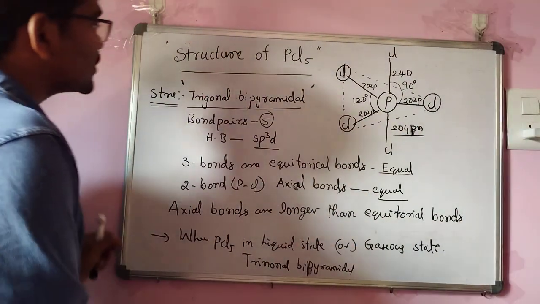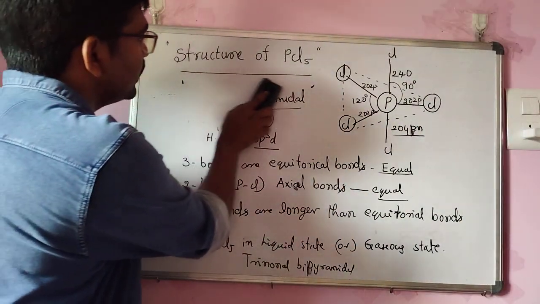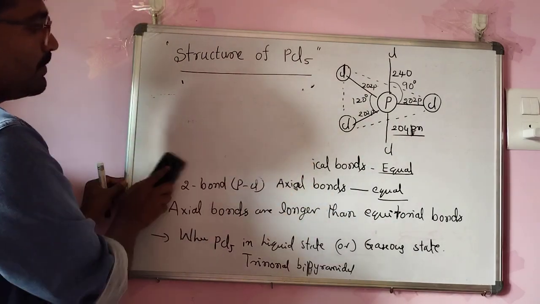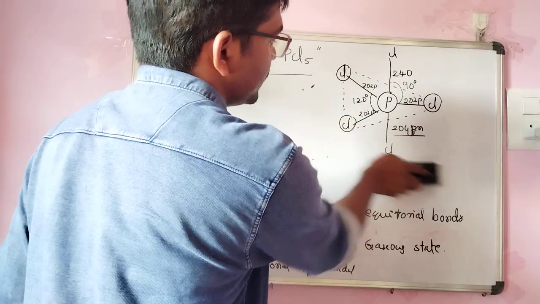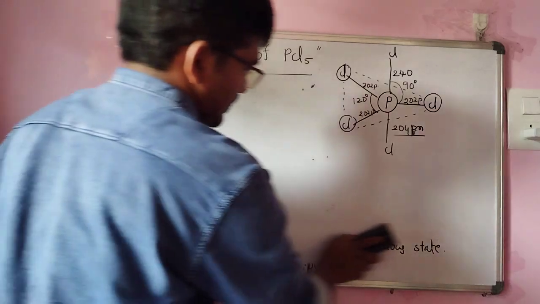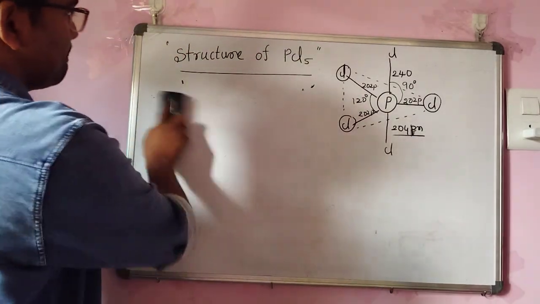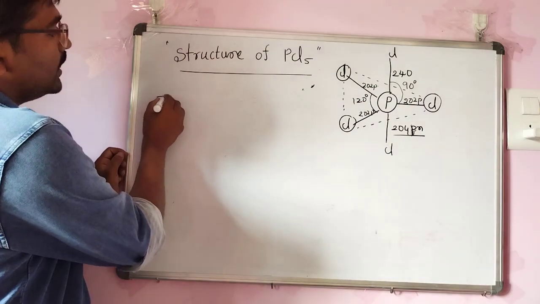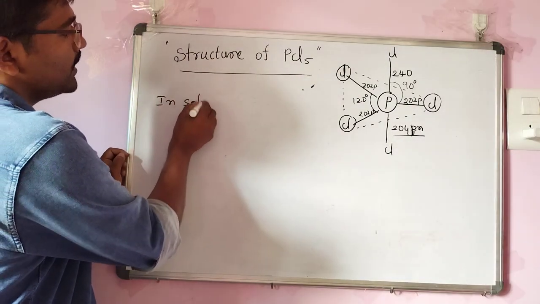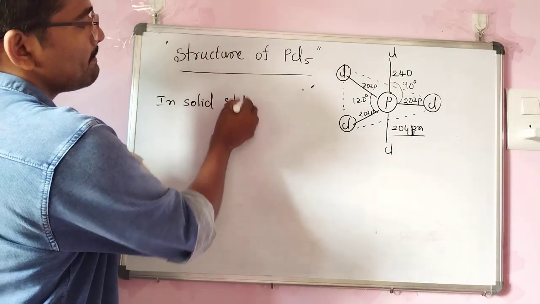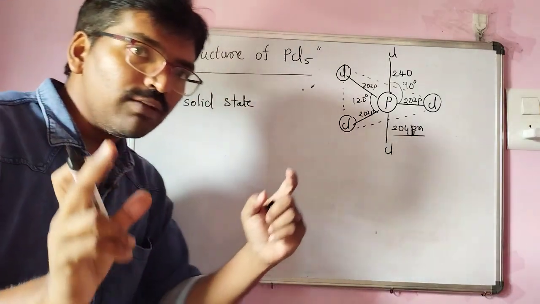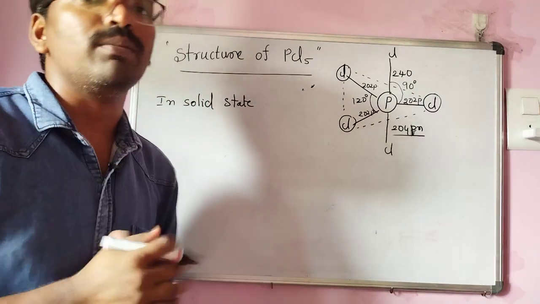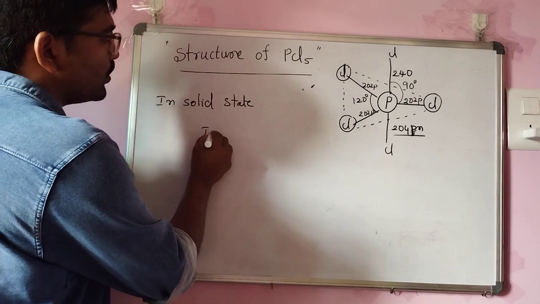Now, how is the PCl5 structure in the solid state? Note it: in solid state, PCl5 is present in ionic formation, so it is an ionic compound.